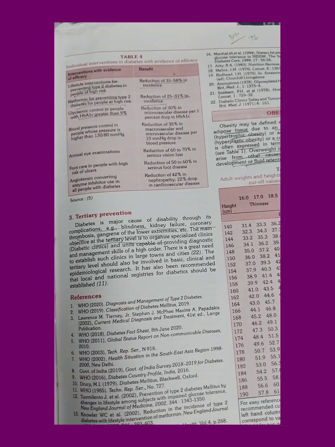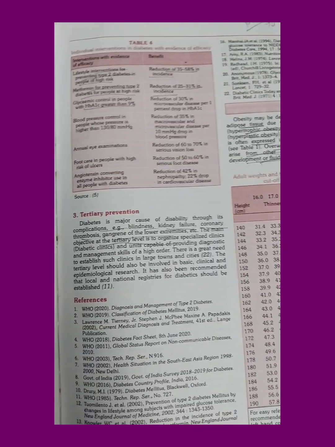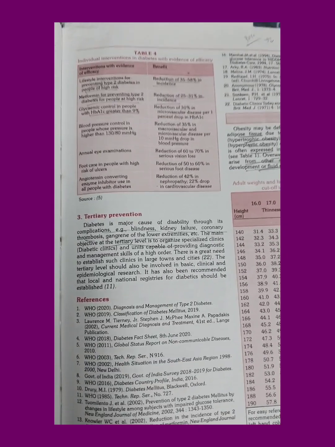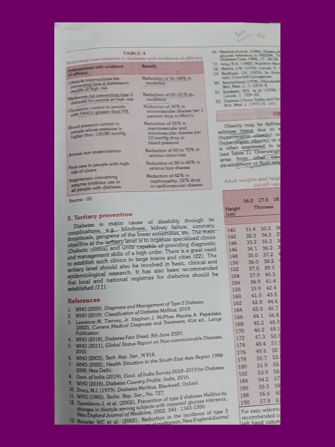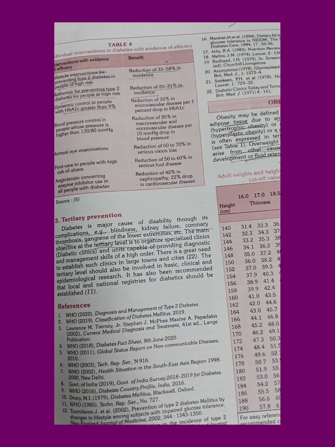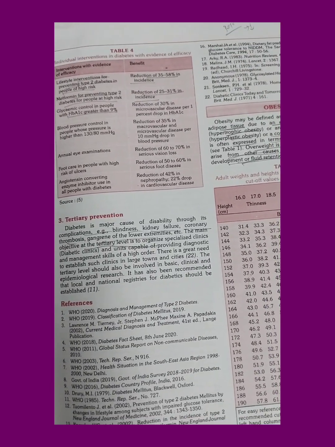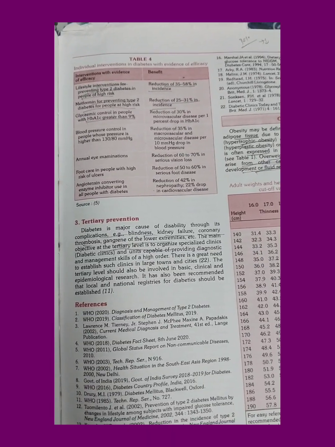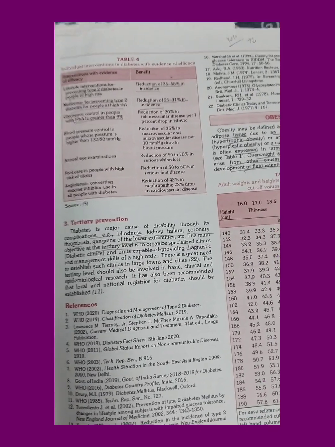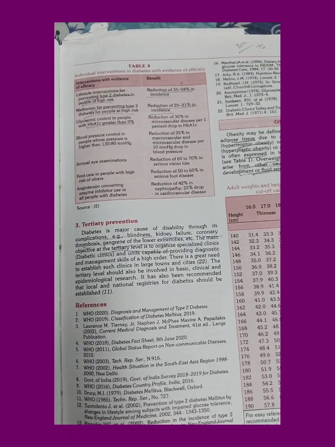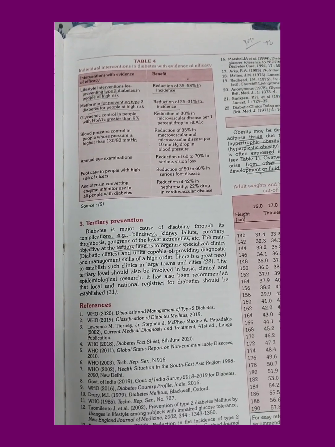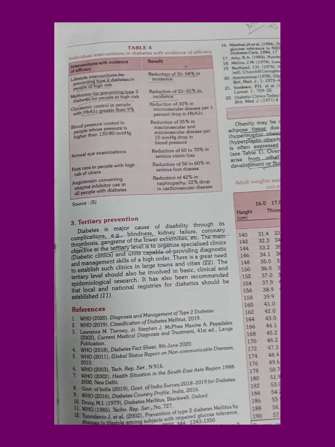A patient may be asymptomatic while having diabetes, so go and check your blood glucose levels. 2-hour post-load venous will be 200. Random plasma 60 to 160 is normal. Greater than 200 is diabetes. And HbA1c greater than 6.5 is diabetes, 5.7 to 6.5 is prediabetes.